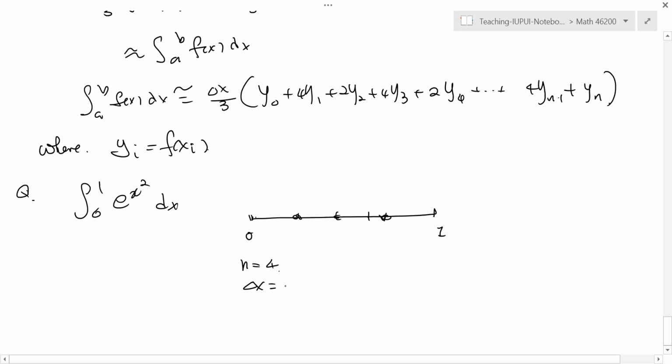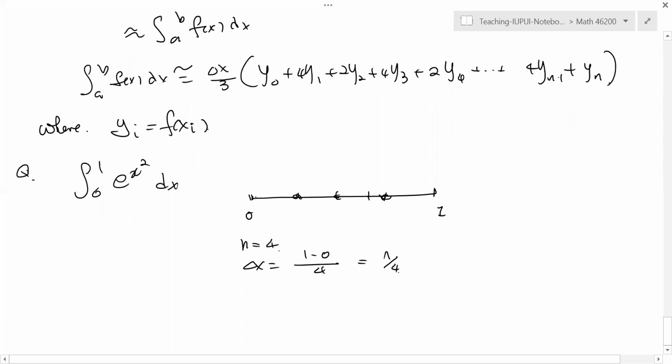So delta x is going to be 1 minus 0 over 4, which is 1/4. So what is my x0? x0 is 0, x1 is 1/4, x2 is 2 over 4, x3 is 3 over 4, x4 is going to be 4 over 4, which is 1.